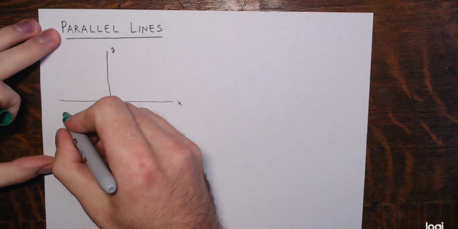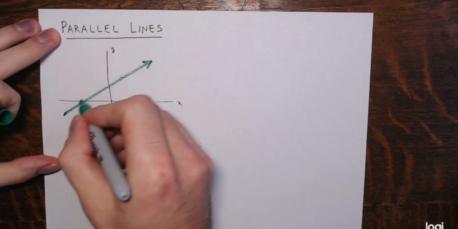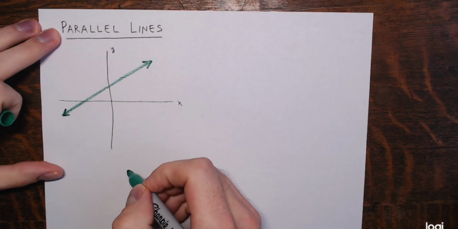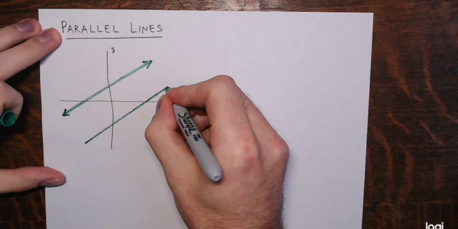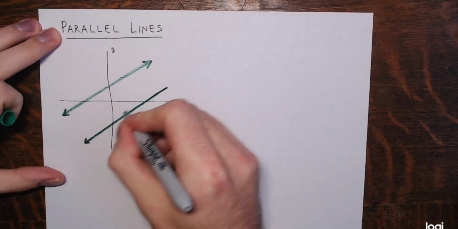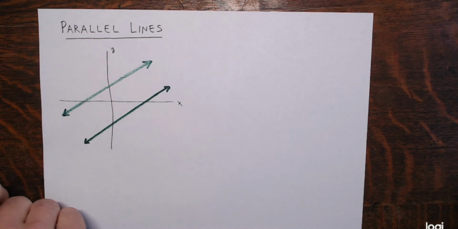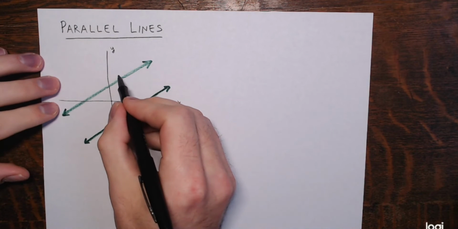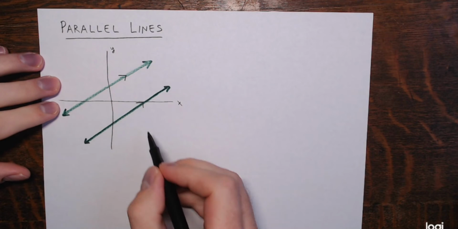Say a line going in this direction here, and then another line goes in the same direction but doesn't touch the first line. Now some notation you might see, maybe these little arrow marks on a couple lines to indicate that they are parallel.